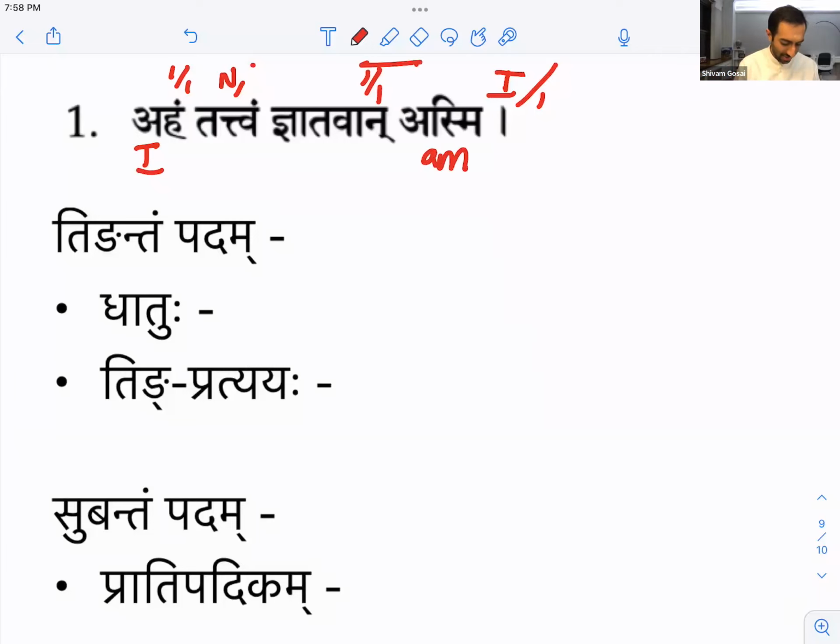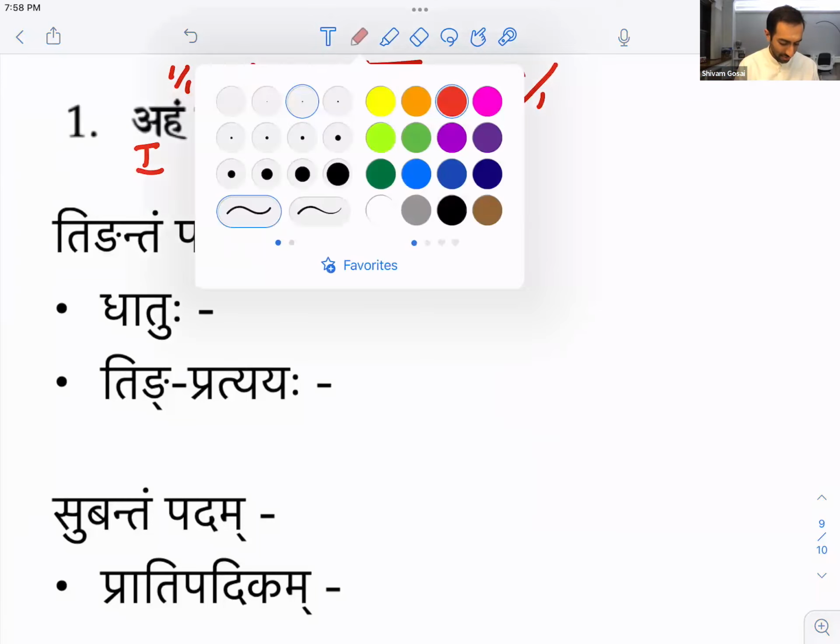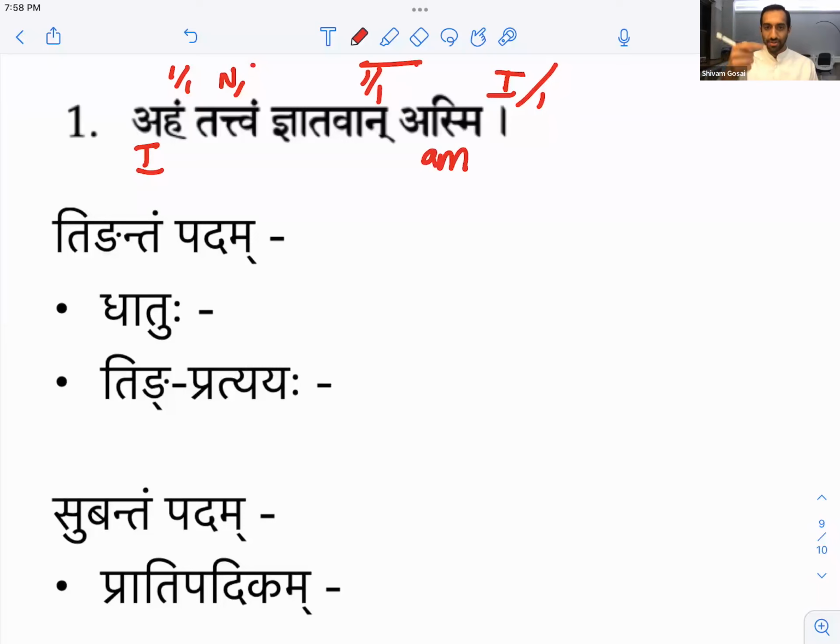Okay, now let's go right to left. So jnatavan. Now, the pratipadika is jnatavan. Oh, sorry, it's jnatavat. Right? 1-1 is jnatavan. So the pratipadika is jnatavat. So, takaranta.